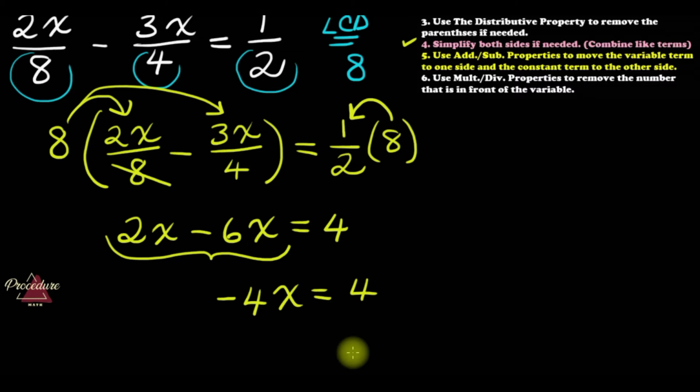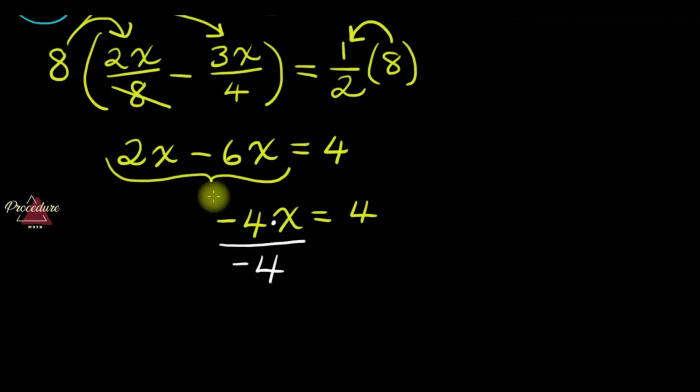Step 6 is to use the multiplication or division property to remove the number that is in front of the variable. What do you see in front of the variable? You have a negative 4. To get rid of the negative 4, we have to divide by negative 4, and we have to do it to this side too.